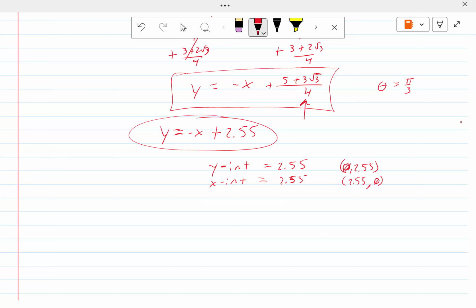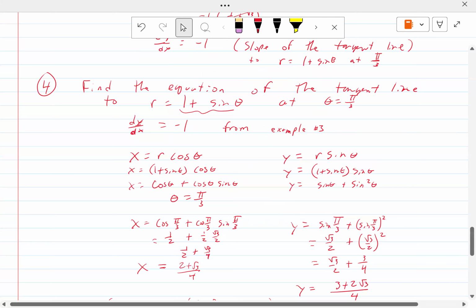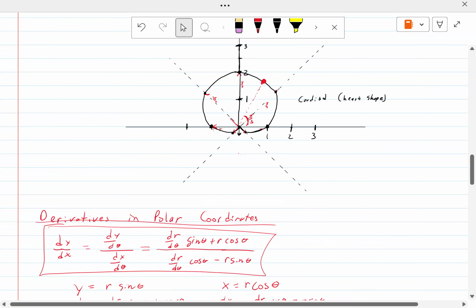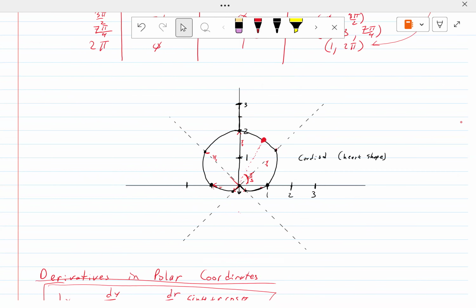Okay, so let's go back up to my freehand graph, and what we're looking at is this point of tangency here. This is pi over 3 and the radius here is going to be 1 plus radical 3 over 2, whatever that comes out to be approximately.